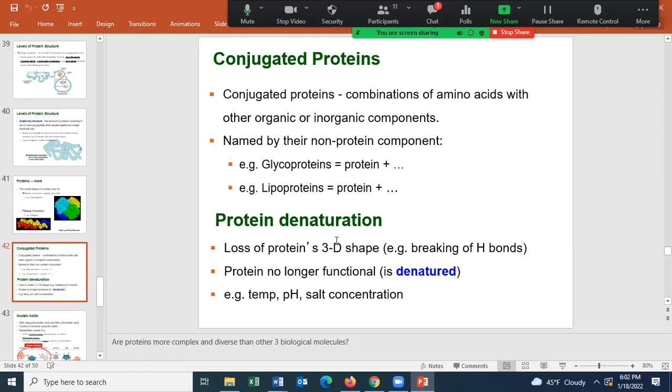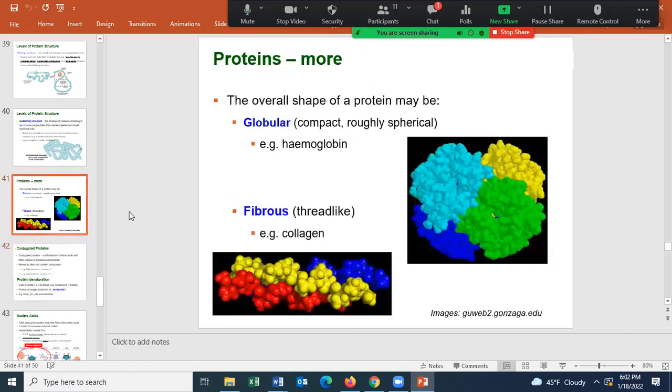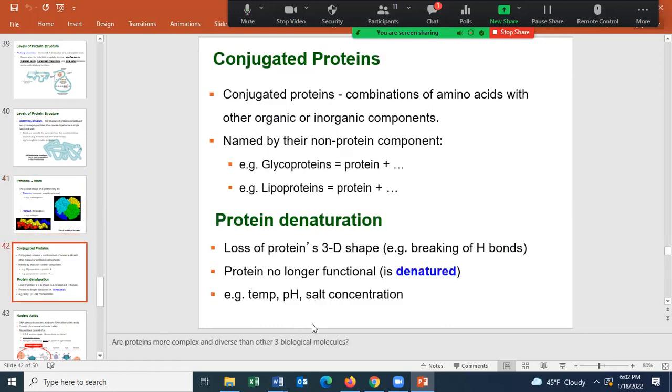Proteins can become denatured, and that is when the protein loses its three-dimensional shape. When the protein starts breaking the hydrogen bonds, or forming hydrogen bonds that are not normally there, the protein can take on a different three-dimensional shape and it can start to lose its function.